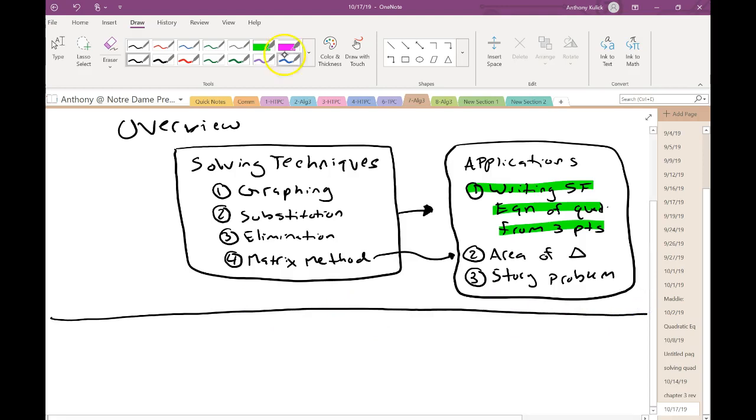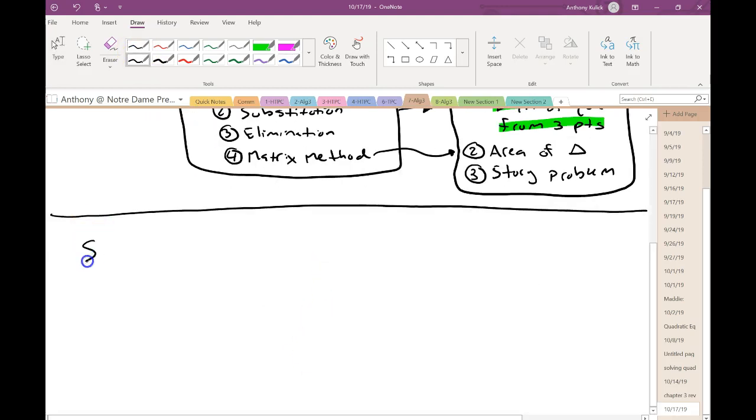So, again, we're going to start with solving techniques, and the first one we're going to start talking about today is graphing. But probably before we talk about that, we should talk about what we mean by a system of linear equations, right?